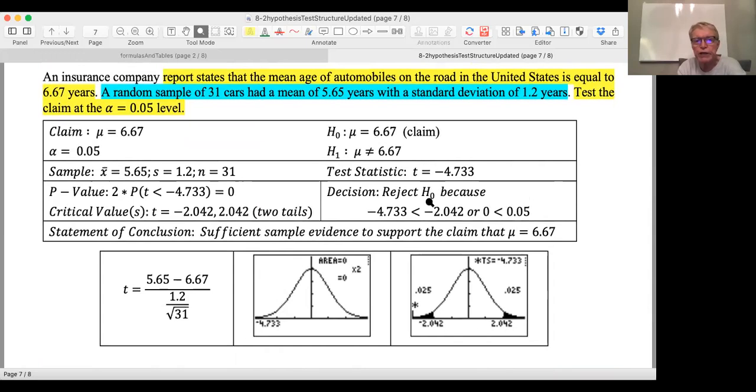Decision was again reject. It is, and the claim included equality. So basically it's the same wording. There's sufficient evidence to warrant the alternate hypothesis. The claim included equality. This is incorrect. I found an error in my notes or in the problems here. There is sufficient evidence to warrant rejection of the claim that the mean is equal to 6.67.